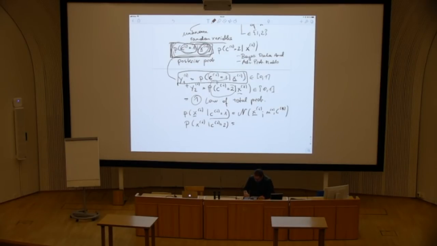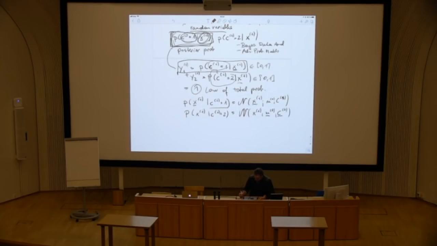The same thing, but the probability distribution for cluster 2, which is a multivariate normal distribution with mean M2 and covariance matrix C2. So this is pretty straightforward. This follows from the definition of our model. And this model is called a Gaussian mixture model.